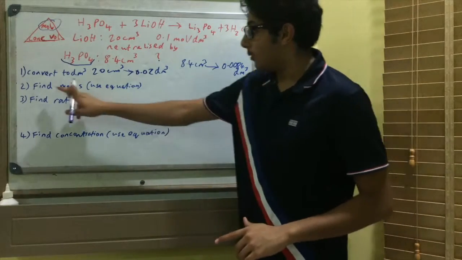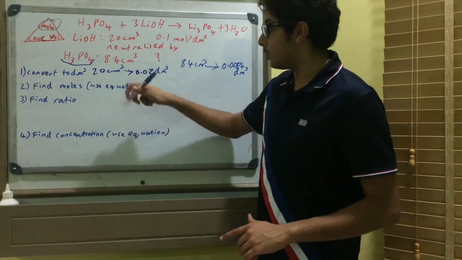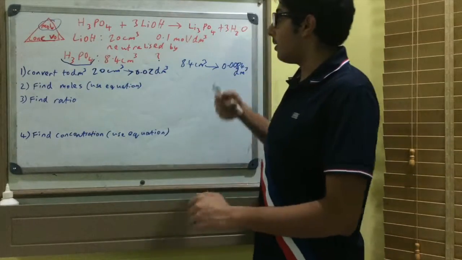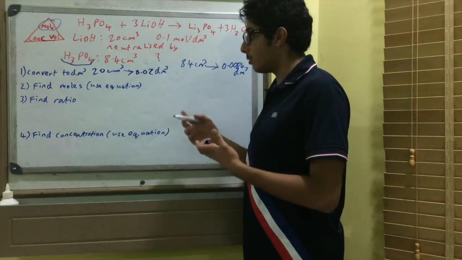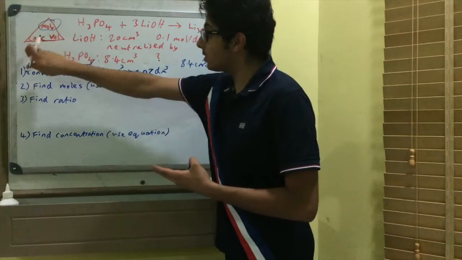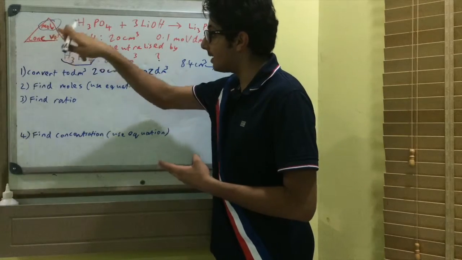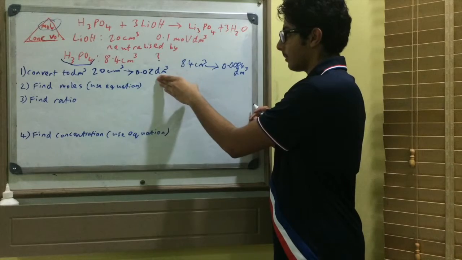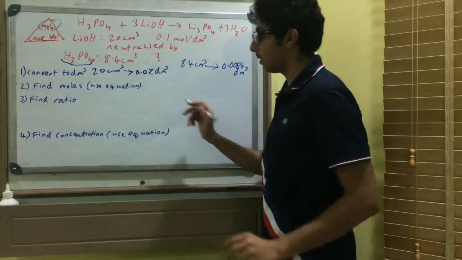Now, you find the number of moles using the equation. The only substance we have enough information to do that with is lithium hydroxide. So, to find number of moles, it's concentration multiplied by volume, but in decimeters cubed, which is why we converted it. Yes.